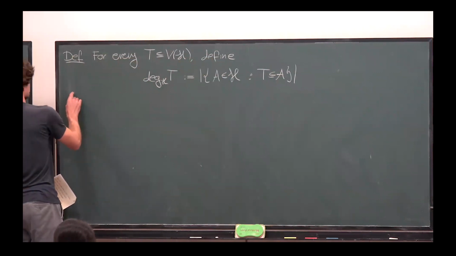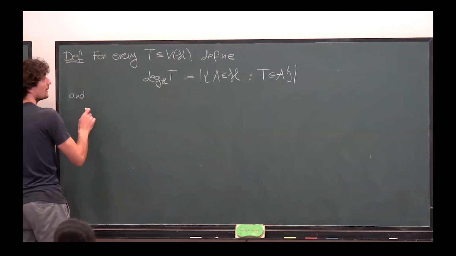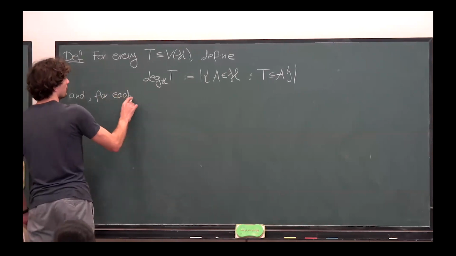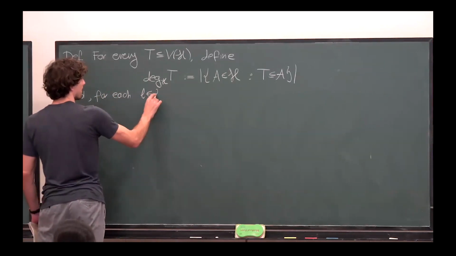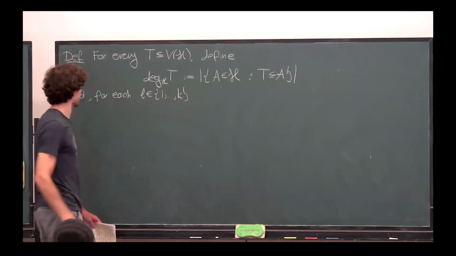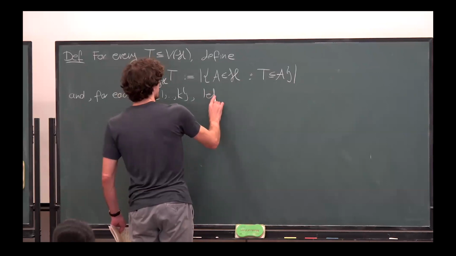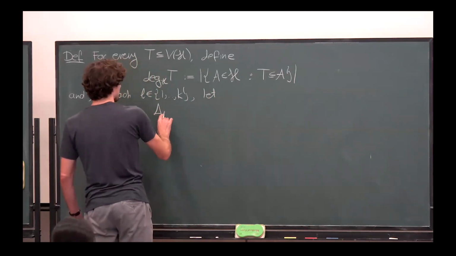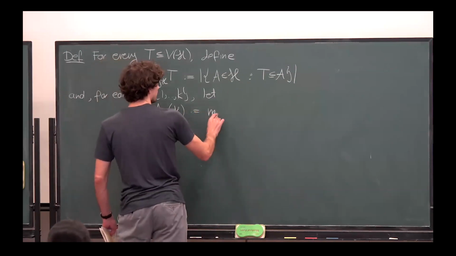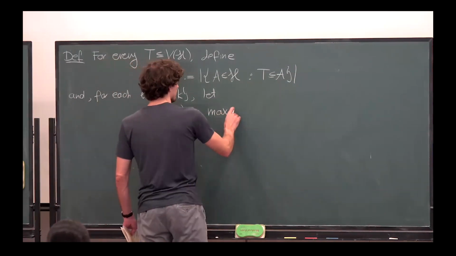And whenever we're given a number ℓ between 1 and k, we will let delta sub ℓ of H be the maximum value.